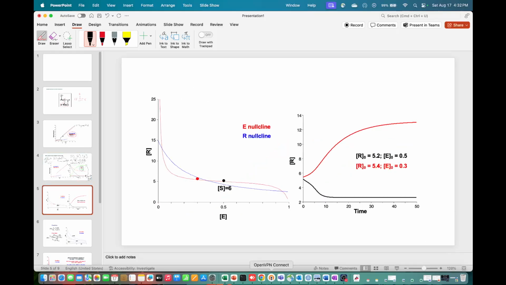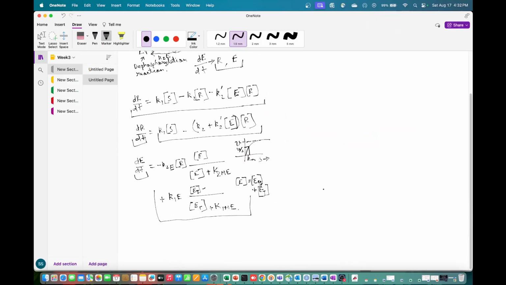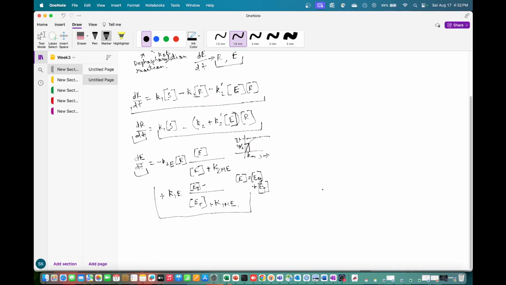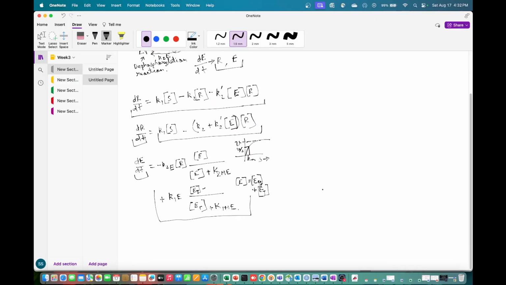Now you try to plot the nullclines. So going back here, we put dR/dt equal to 0, and we also put dE/dt equal to 0 for the nullclines.